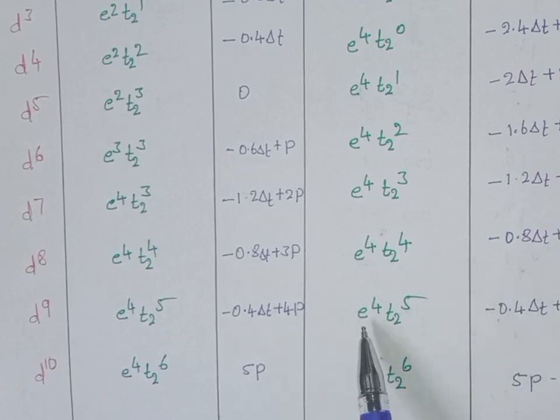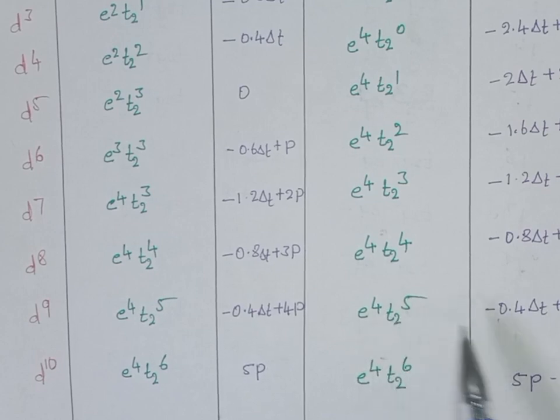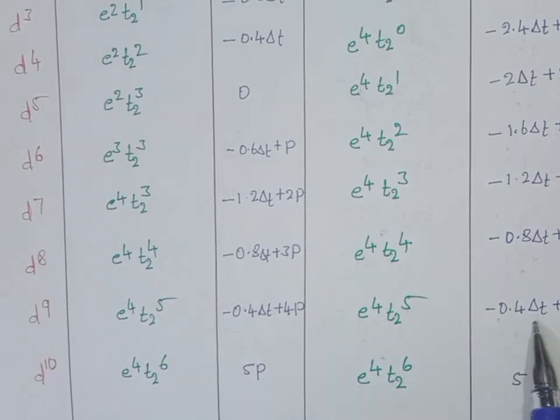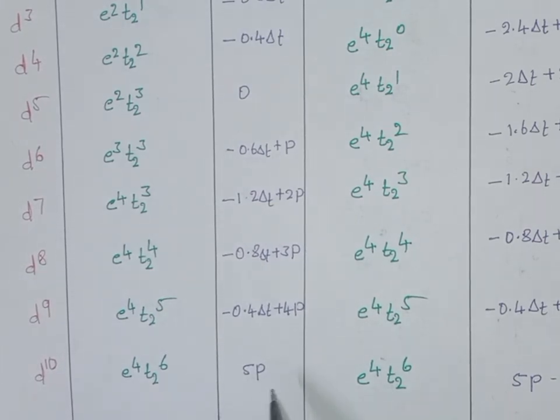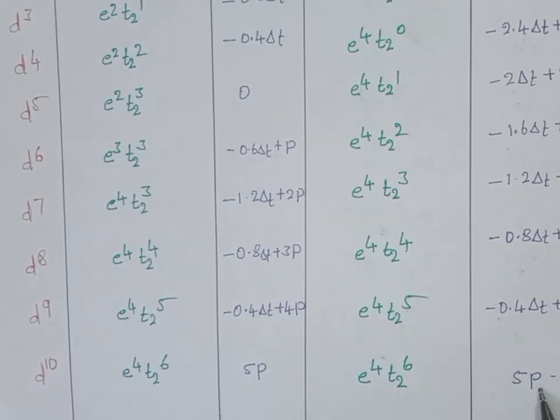And for strong field complexes, the electron configuration would be e4 t2^5 and the calculated CFSE value is minus 0.4 Δt plus 4 pairs. For the d10 system, the electron configuration for weak field complexes is e4 t2^6 and the calculated CFSE is 5 electron pairs into pairing energy. For a strong field complex also, e4 t2^6 will be the electron configuration and the calculated CFSE is 5P.